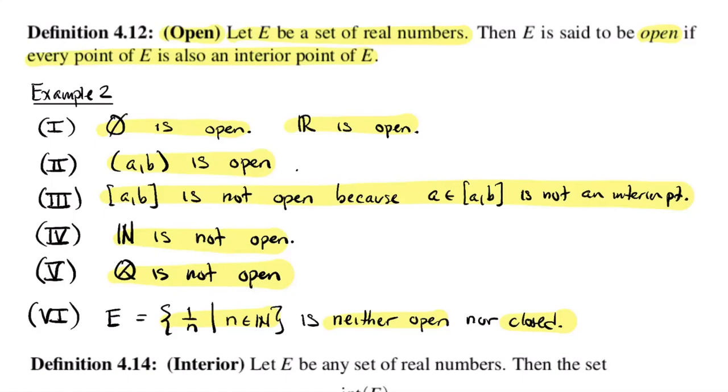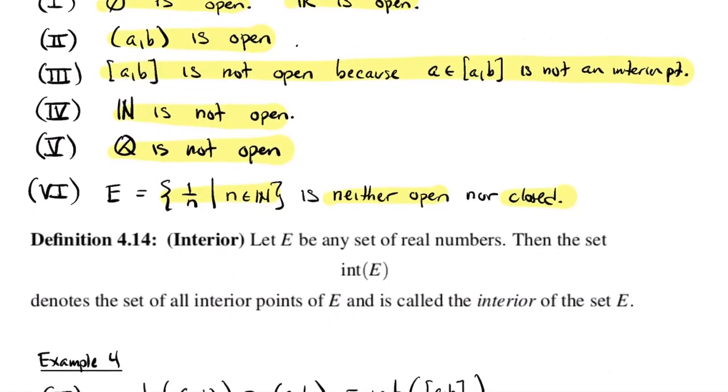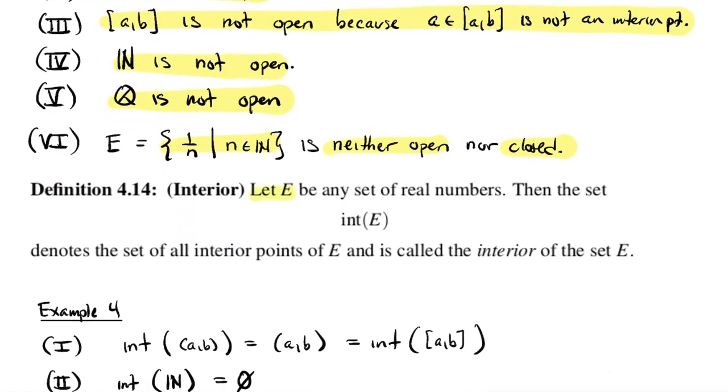An analog to the closure operator above is this interior operator. If you give me any set of real numbers, then by int of E, or the interior of E, I mean the set of all interior points. So it's called the interior of the set. It's kind of its inside. It's the points in the set E that are interior to it.